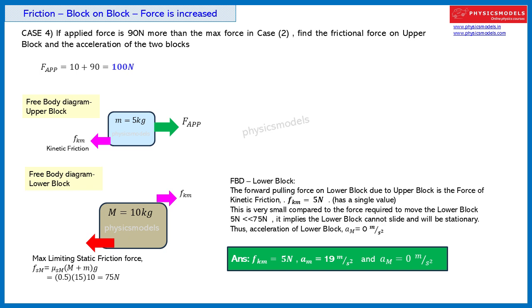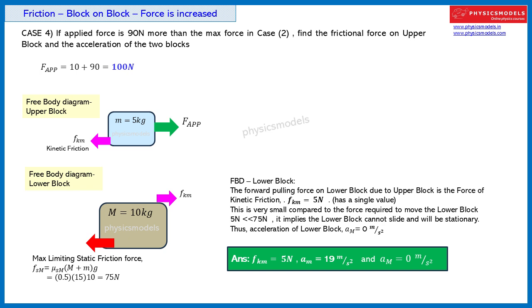Therefore, in the FBD of the lower block, we can see that it will not be able to move forward on the ground at all, and hence it's absolutely stationary, and the acceleration of the lower block, A capital M, is 0 meters per second square.